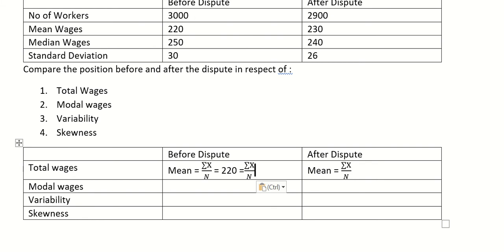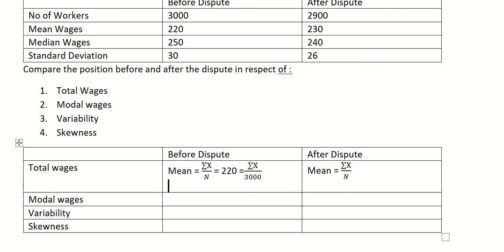Here n is 3000, so summation of x is 220 into 3000, which is 6,60,000. So earlier the wages they used to pay is 6,60,000.